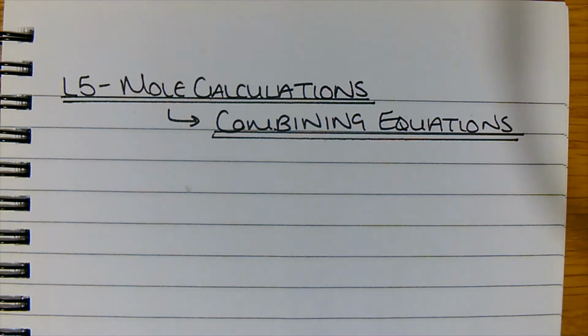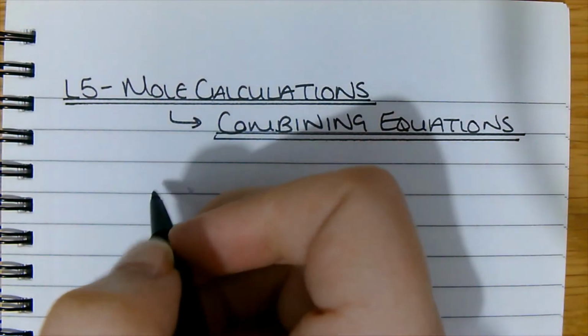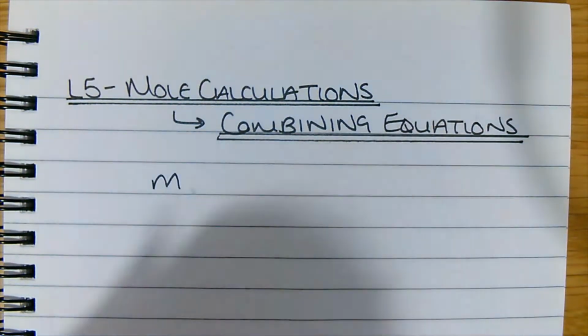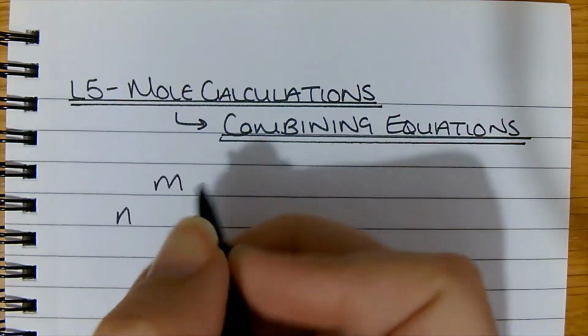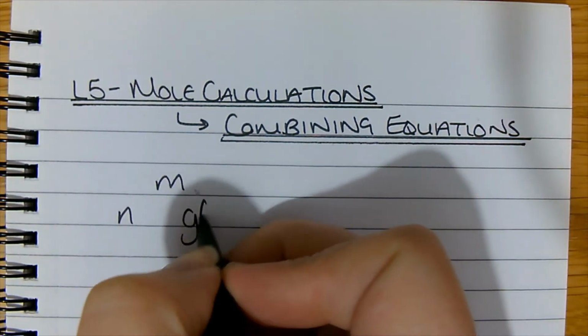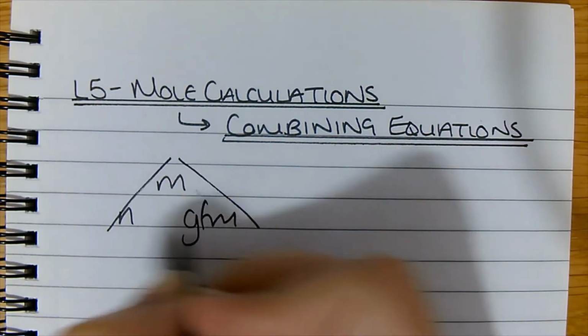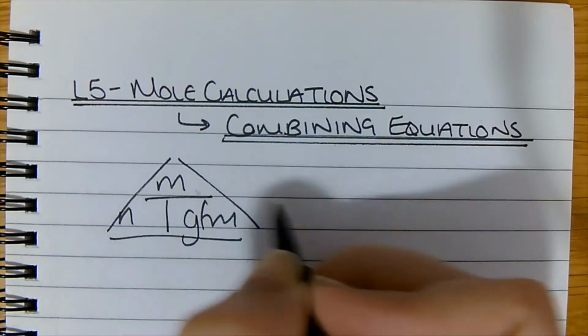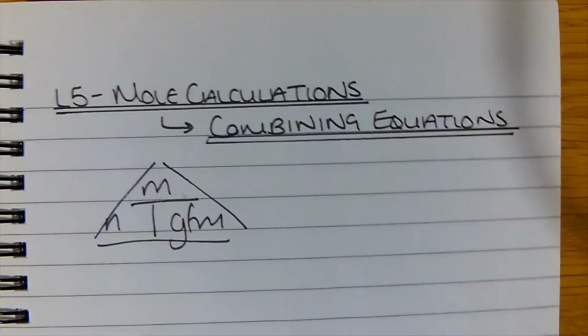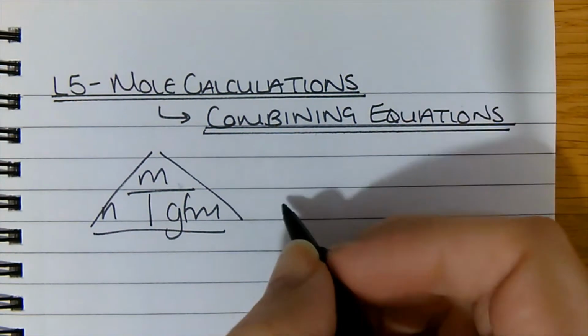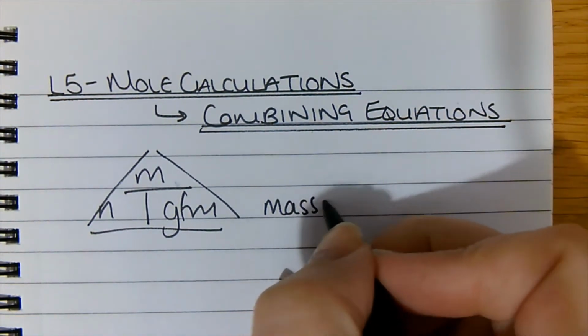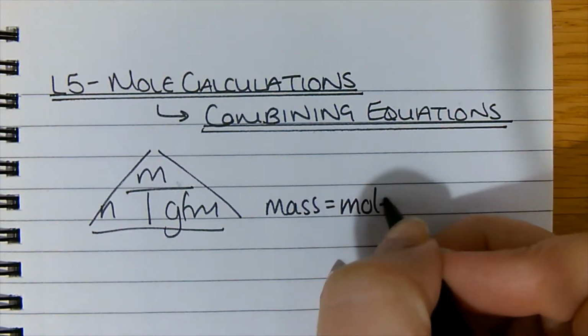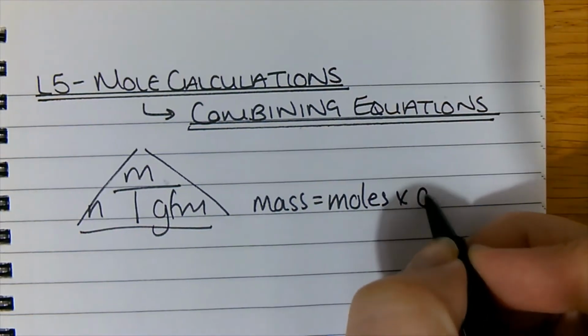To do this, you need to be able to remember both of your formula triangles. This one: mass equals the number of moles times the gram formula mass. If you don't like remembering them as triangles, you can of course write it out over here. So mass equals moles times gram formula mass.